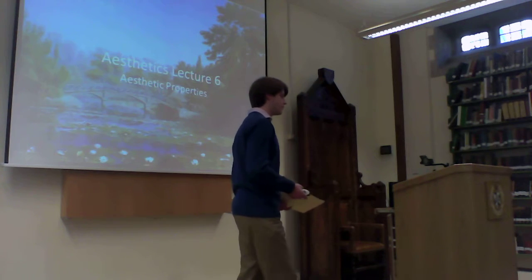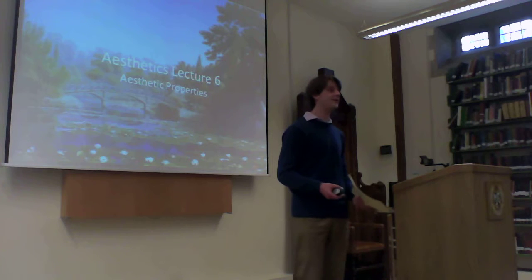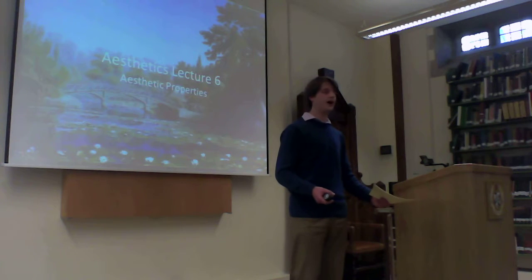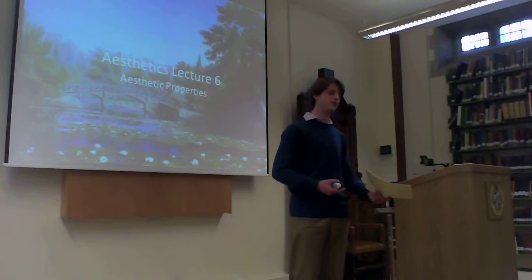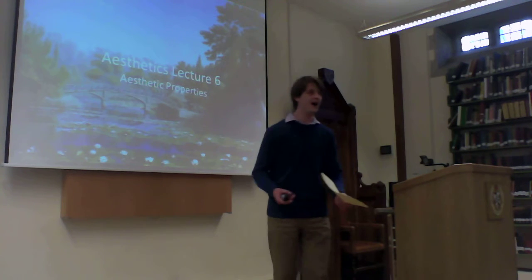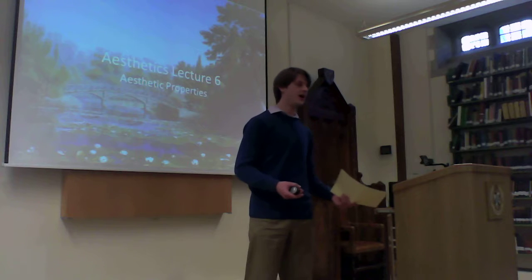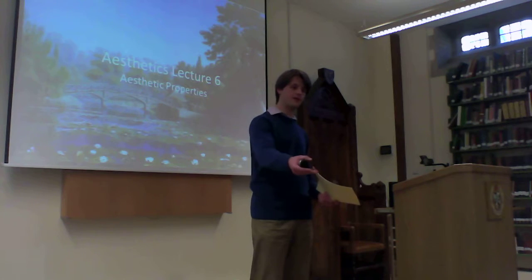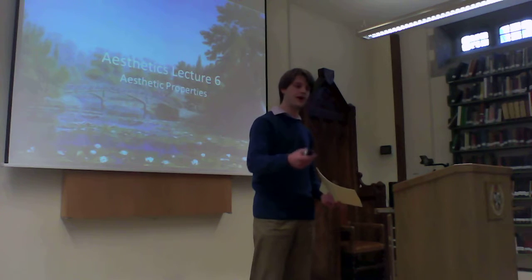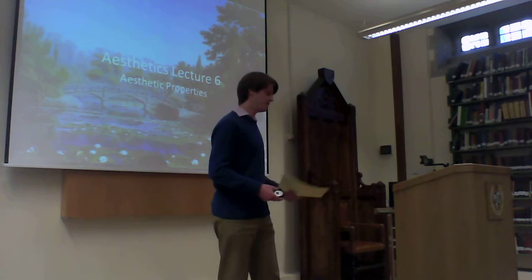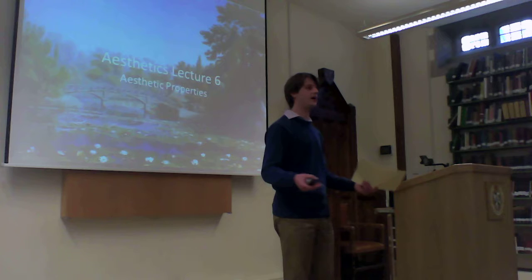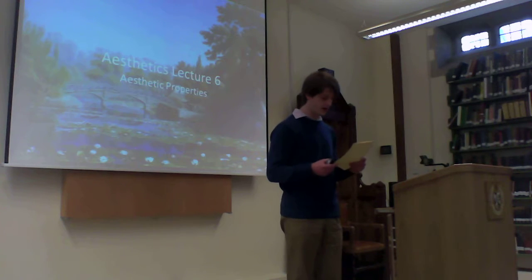When I talk about aesthetic properties today, I don't mean to make any such commitment. By property, I just mean whatever it is you predicate of things. Predication being where you say, for instance, this table is beautiful, right? I'm predicating beauty of the table. That is sufficient in this loose and broad sense, for beauty to be a property.